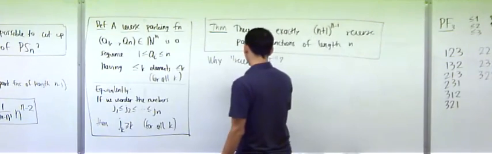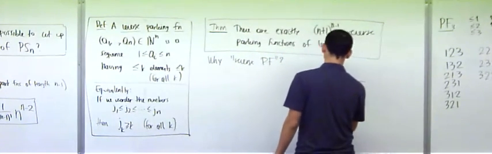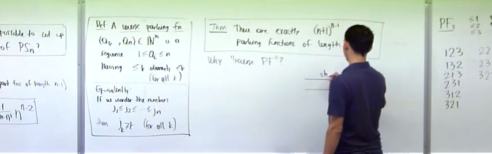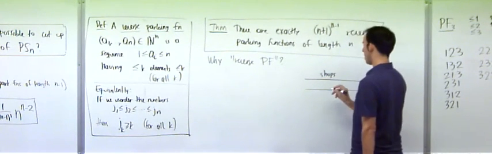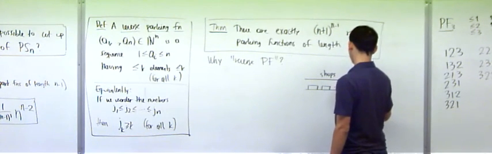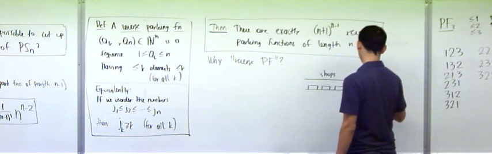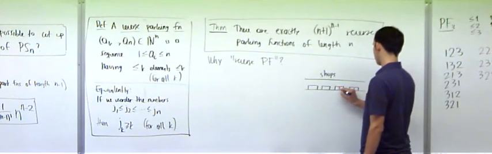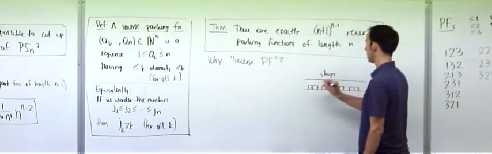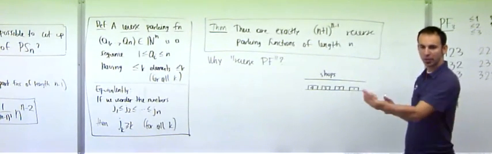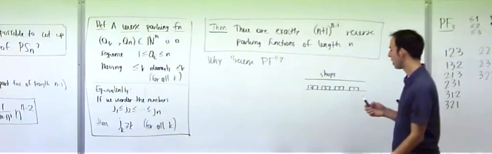You have all these shops, and it's a one-way street, and there are parking spots, and there are exactly n parking spots. Okay, 1, 2, 3, and 4. Let's say n is 4, and then n people are going to come in and try to park.